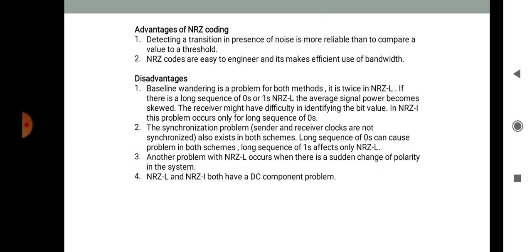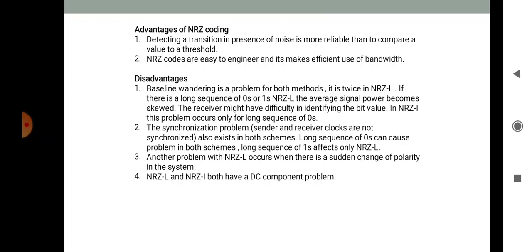If there is a long sequence of 0s and 1s, then in NRZ-L the average signal power becomes skewed and the receiver might have difficulty in identifying the bit values, and in NRZ-I this problem occurs only for a long sequence of zeros.